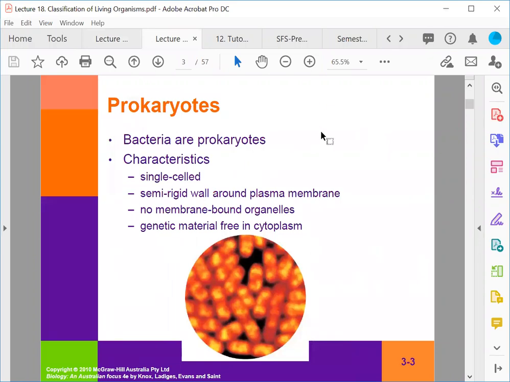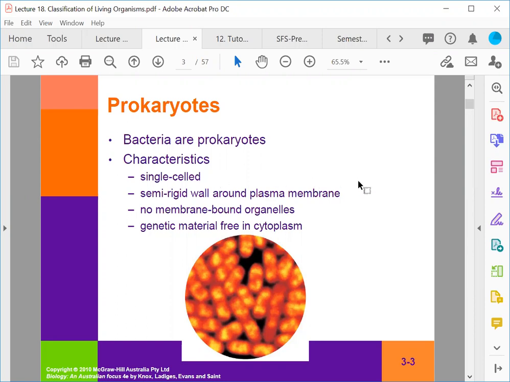So we're going to start with the prokaryotes, and of course, you know, bacteria are prokaryotes. They are single-celled, or mostly single-celled. Some bacteria, when they divide, the new cells actually all stay joined together. So they'll form chains or groups of cells, like a bunch of grapes, for example.